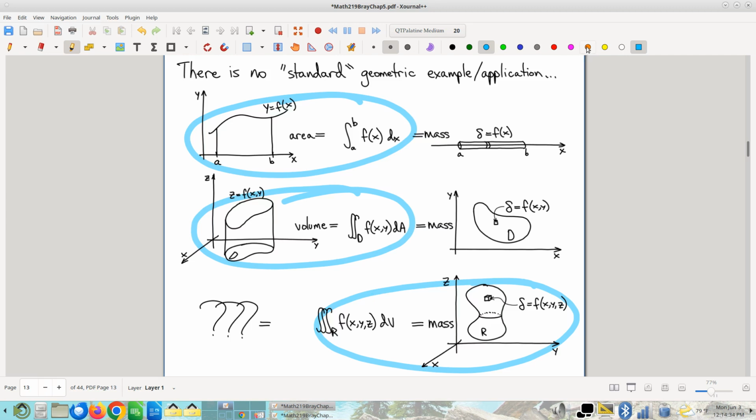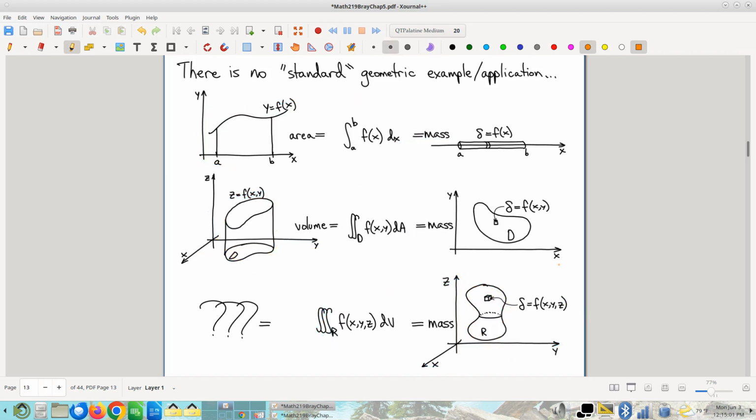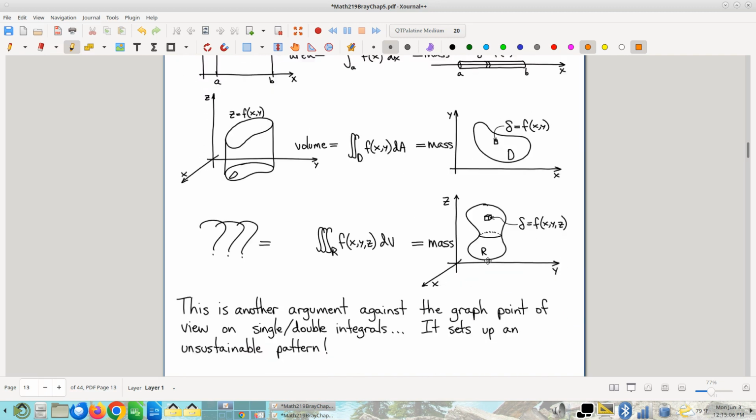And then here's the confusion that happens all the time: students will see a three-dimensional thing and then not understand whether this is a double integral or a triple integral. So I'm not saying you can't do it this way. I'm saying that it's dangerous because there's significant potential confusion. And again, I've seen that happen lots of times. So anyway, you've been warned. Think of it however you will, I suppose.